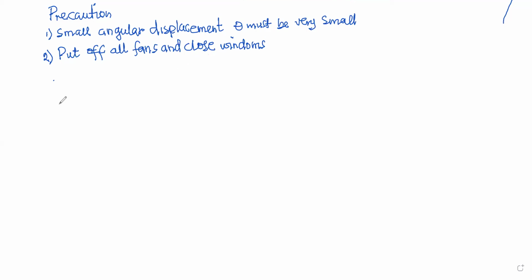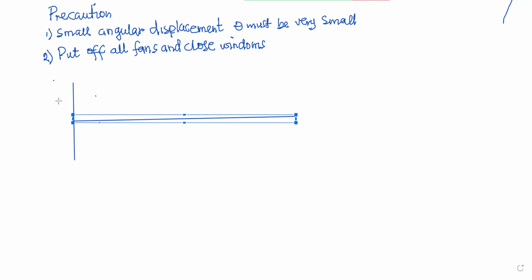Okay, so if the angular displacement is small, what happens to the displacement time graph? This is what will happen. For 2 cycles, if the angular displacement is small, this is how the displacement time graph will look like.